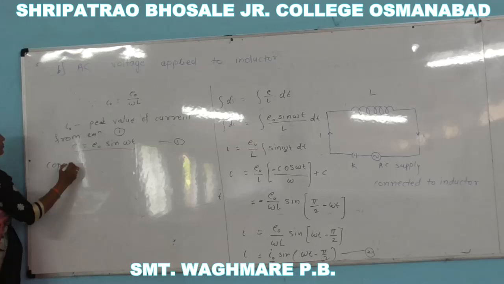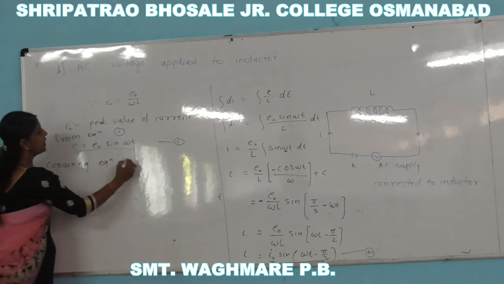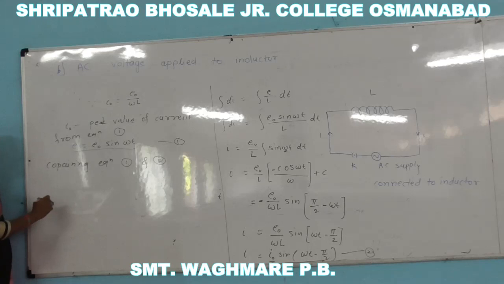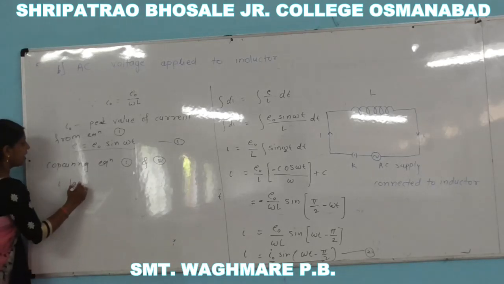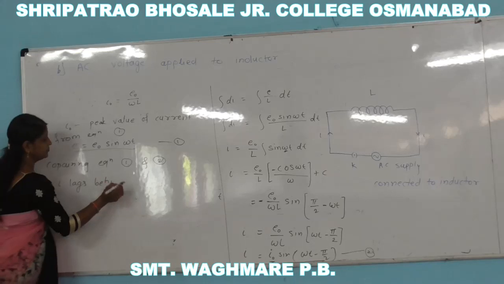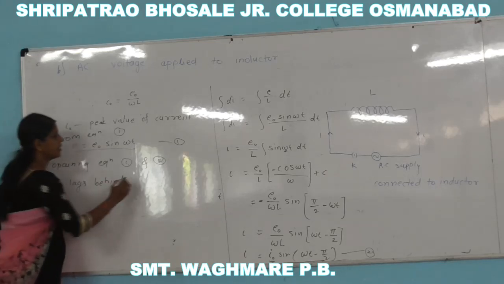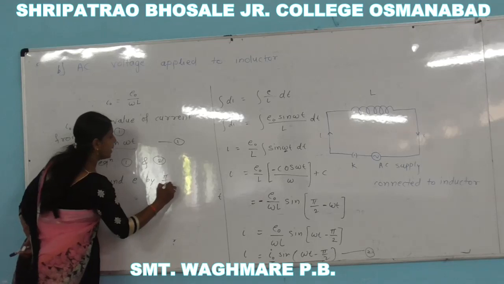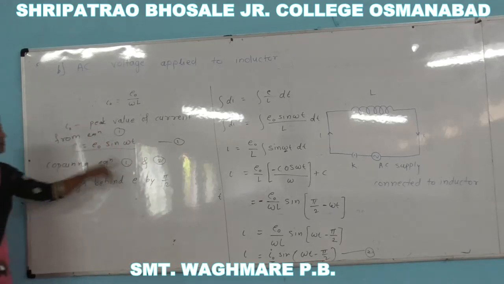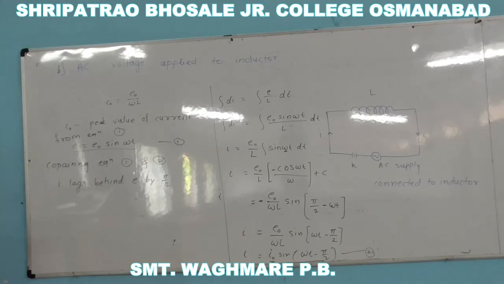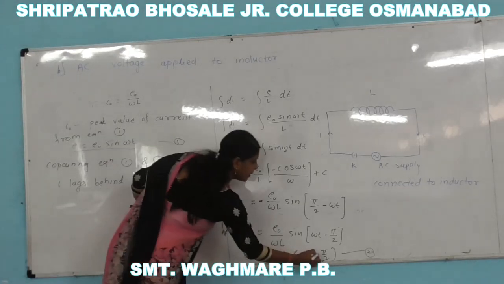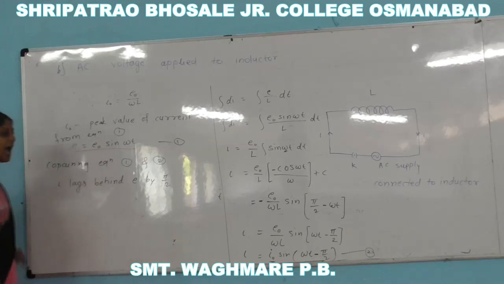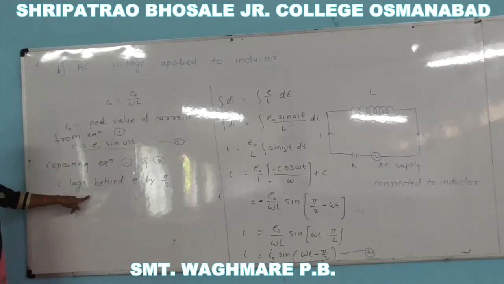Comparing equation 1 and 2, the alternating current I lags behind E by pi by 2. From these two equations, we can say that there is a minus pi by 2 in this equation. Therefore, I lags behind E by pi by 2.